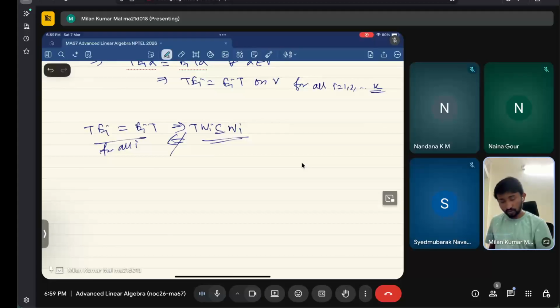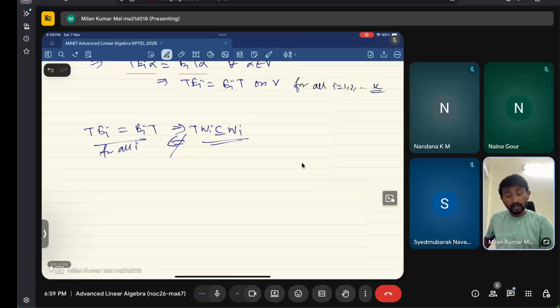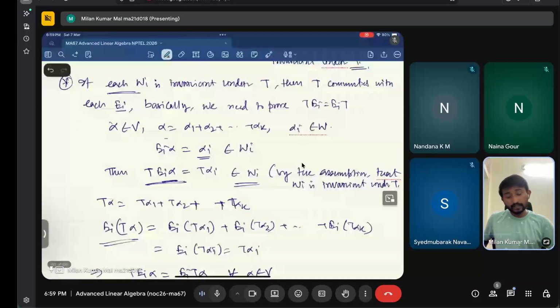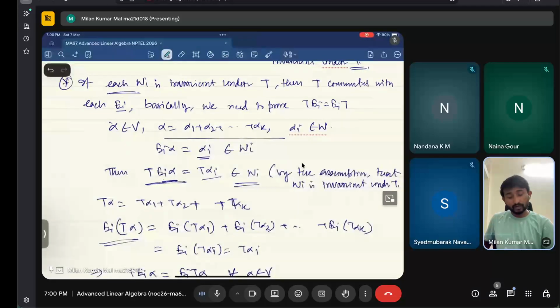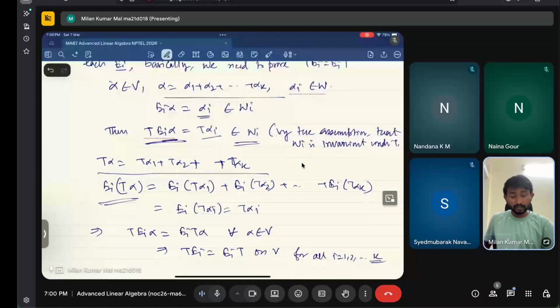Okay. So I hope this part is clear. This part is very easy. For any alpha in the range, Ei alpha is actually alpha. So basically T of Ei alpha will be T of alpha, and T alpha in general looks like this. So Ei T alpha should be like this, and as T alpha i is in the range, because this is our assumption.